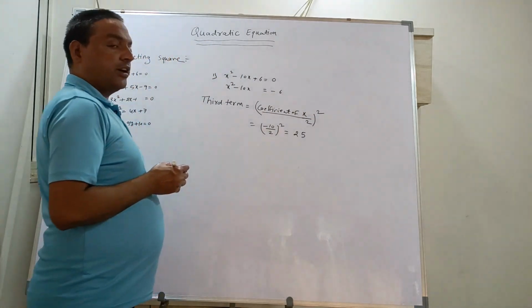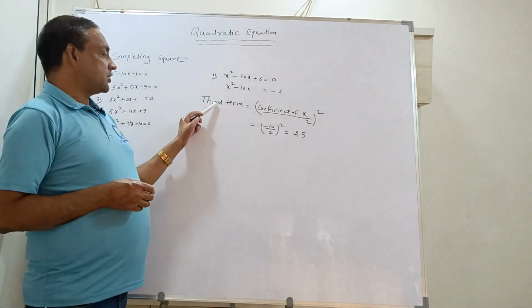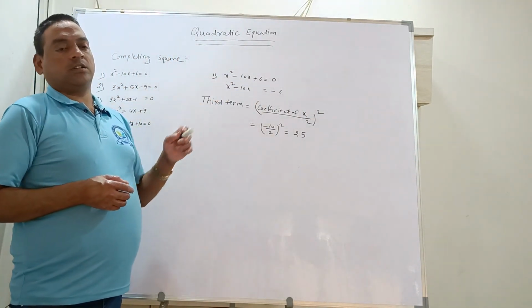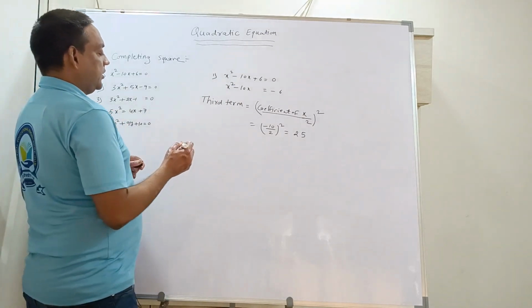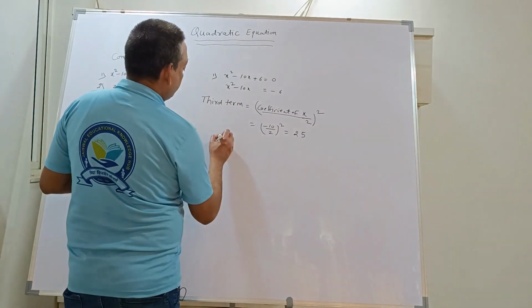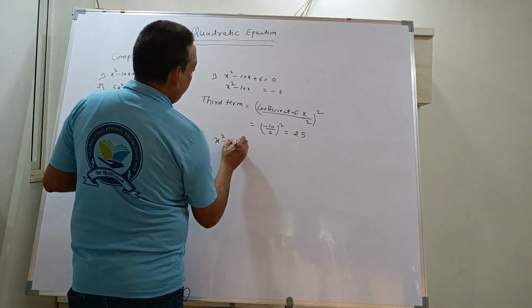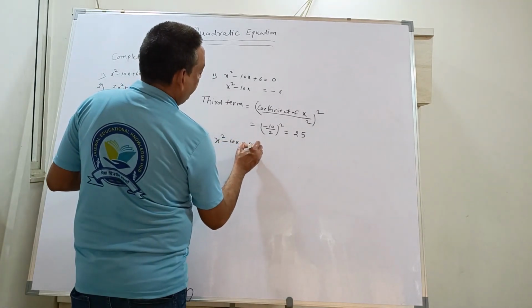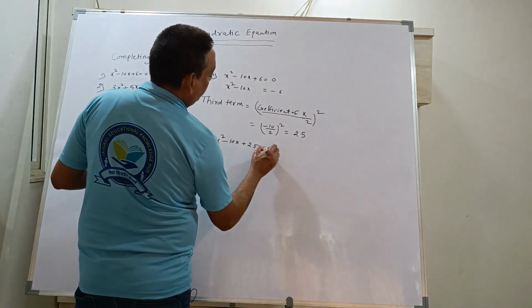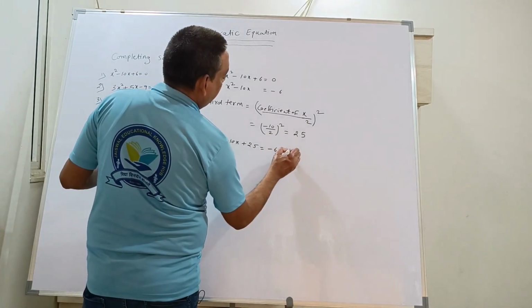What is this 25? This is the third term or last term of the perfect square. So now we have x square minus 10x plus 25 is equal to minus 6 plus 25.